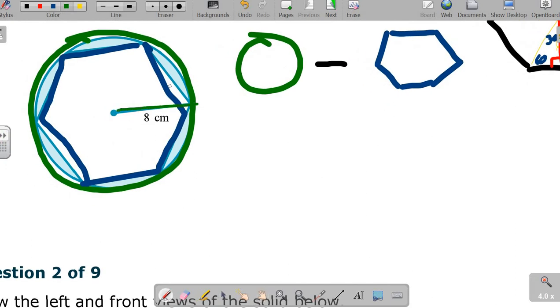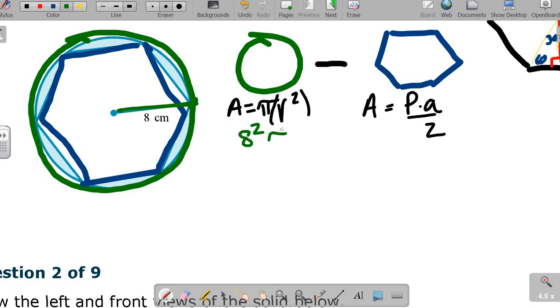Our circle area equals pi r squared, and a regular hexagon, perimeter times apothem over 2. So our circle already has a radius of 8. So that's 64 pi.